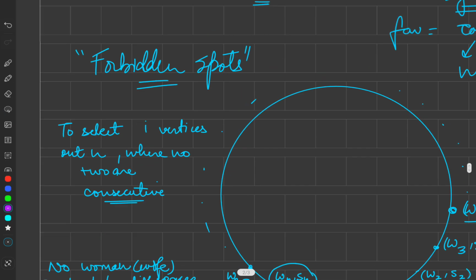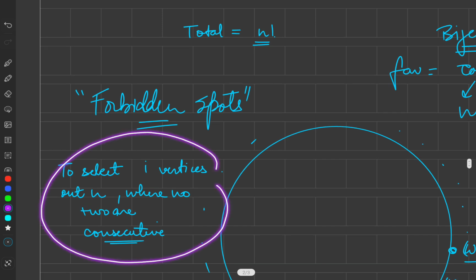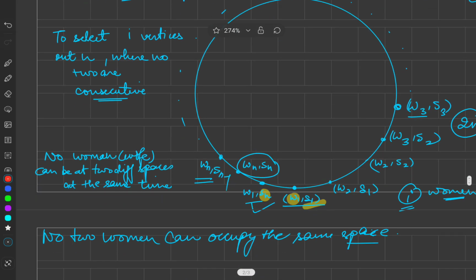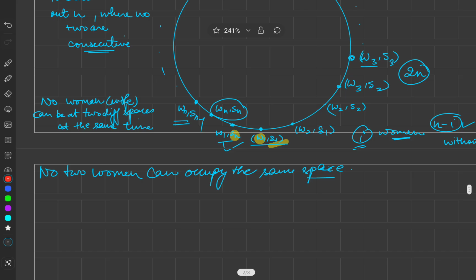Now, to select i vertices out of n where no two are consecutive, we can just apply the direct formula here. And that is n by i times n minus i minus 1 choose i minus 1.